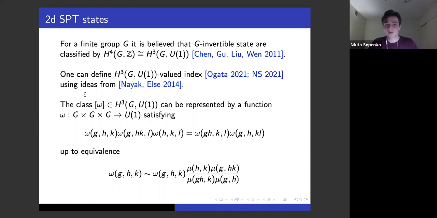The ideas of how to do that were presented in a paper by Nayak and others, so basically we just had to make sense of what they were doing. Again, this class corresponds to a third cohomology class, which can be represented by a U1-valued function satisfying certain cocycle conditions, the pentagon identity, up to some equivalence of this sort.